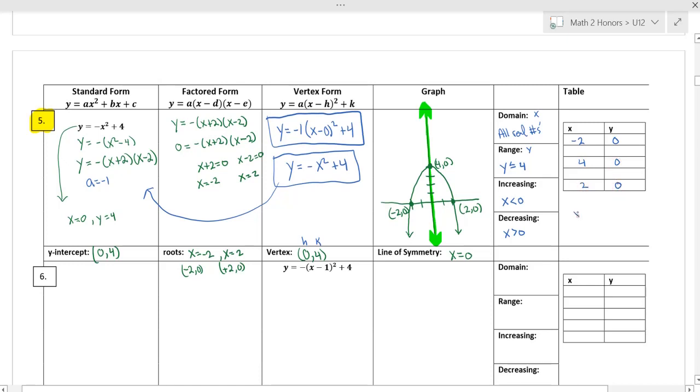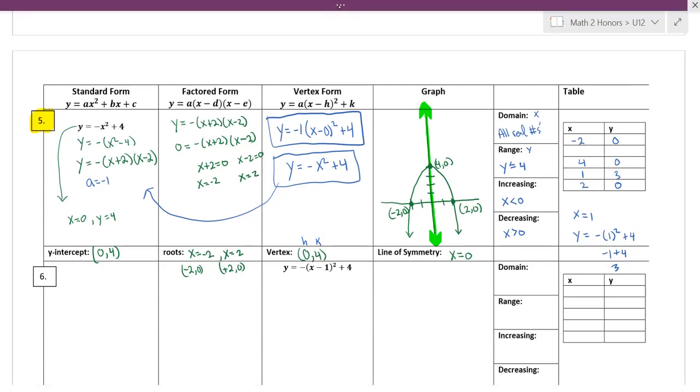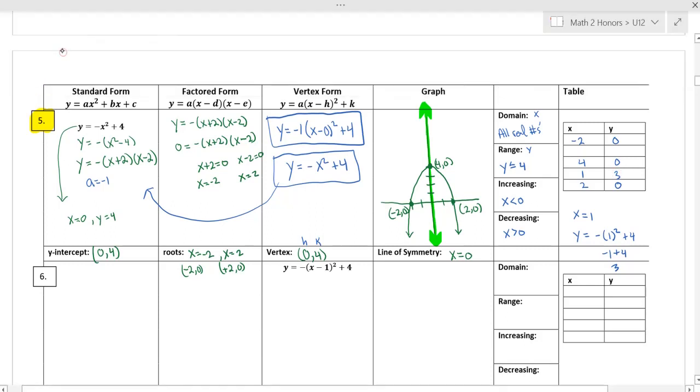And let's find a couple more points. So if I let x equal 1, I'm going to get y is -1 squared plus 4, which is -1 plus 4, which is 3. So 1, 3. And again, I'm noticing I made a mistake. I put 4, 0.